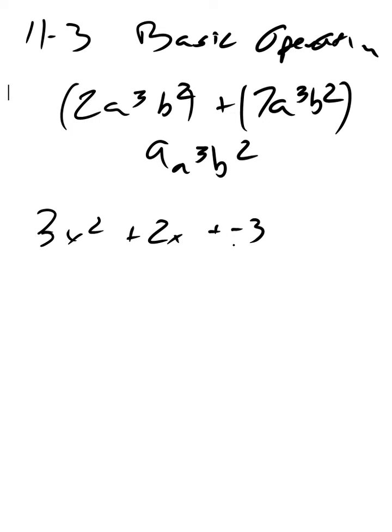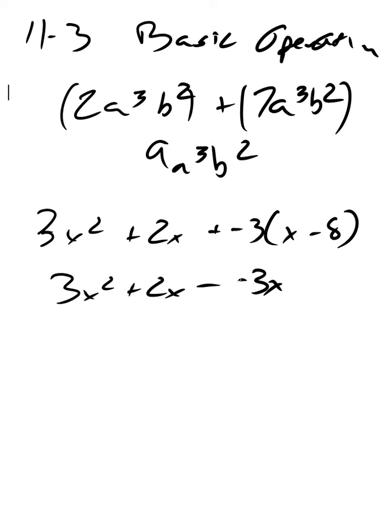As you're looking at what you'll need to do here, first of all, is multiply everything by 3. So 3x squared plus 2x minus 3x plus 24.